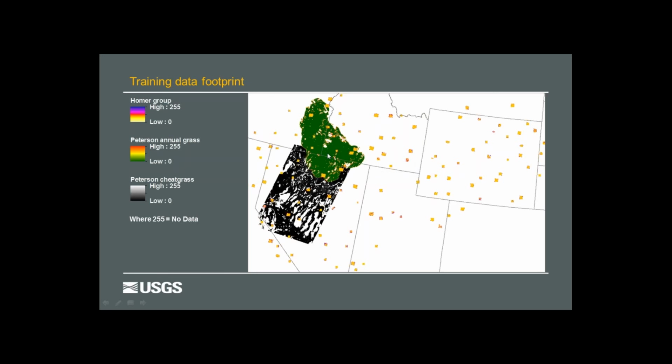And we focused our training on areas of cheatgrass or annual grass with a 30% threshold or greater. So it had to have 30% or more cheatgrass, or we did not train on the pixel.